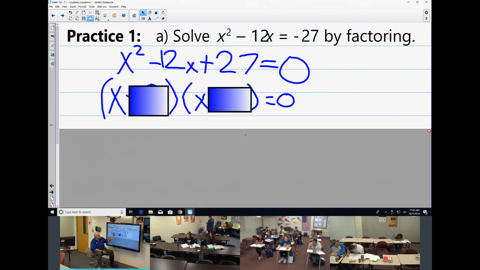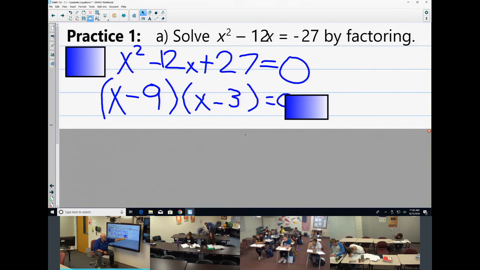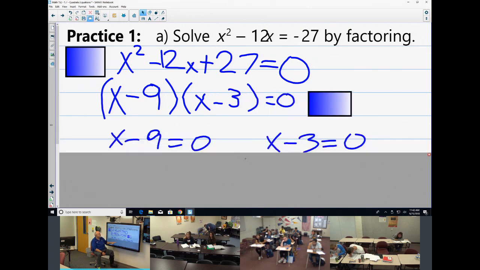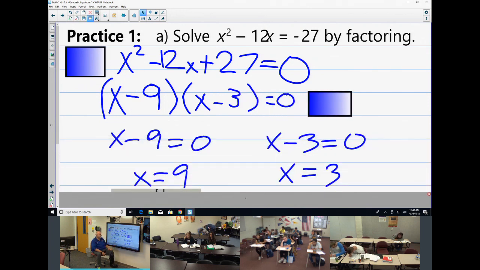Okay, so when you factor, you say what two numbers multiply to get 27 and add to get negative 12. And so that would be negative 9 and negative 3. Set each factor equal to 0 and solve. All right, great job. Any questions on that?